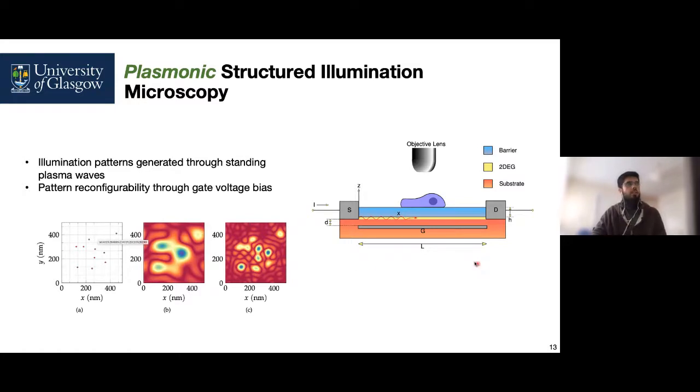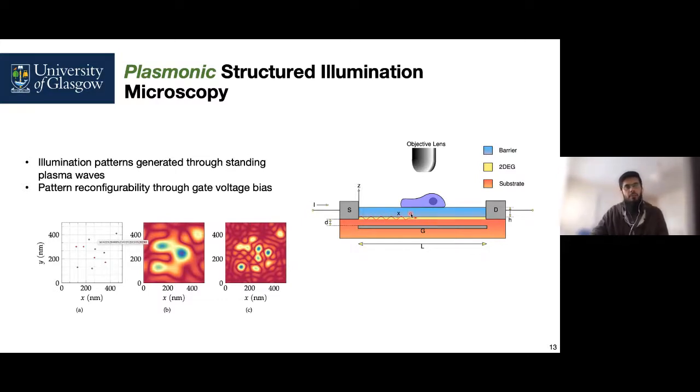This is one proposed microscopy technique, which is made up of a semiconductor field effect transistor. We see that surface plasmons exist in this yellow region, which is also called the two-dimensional electron gas or the two-dimensional material.